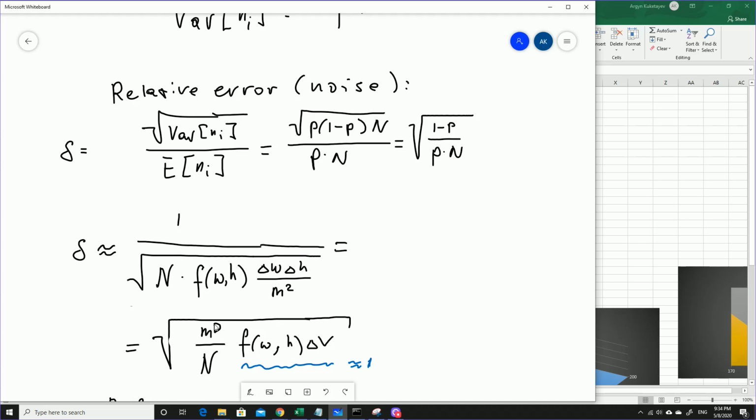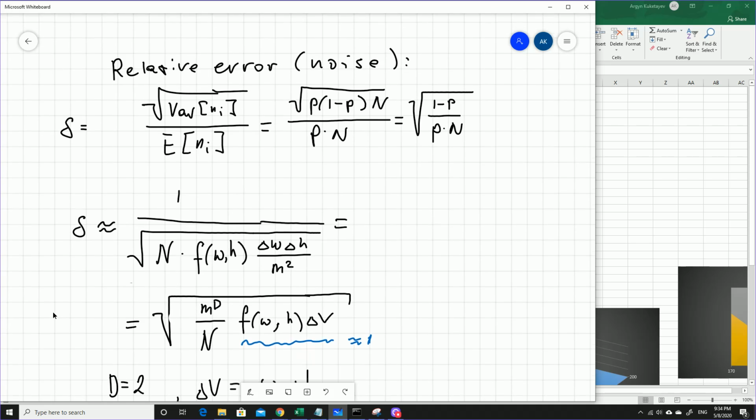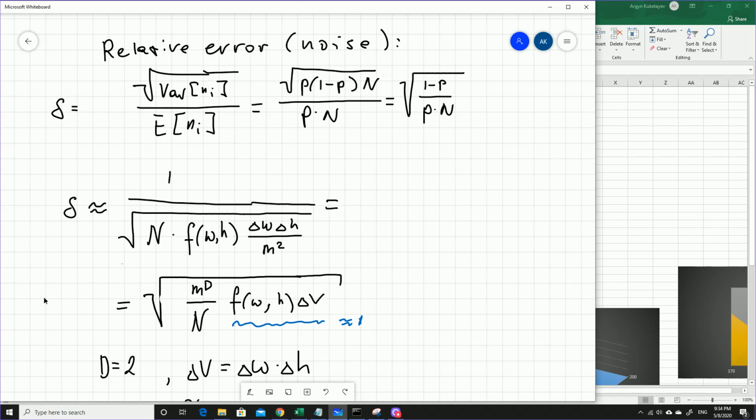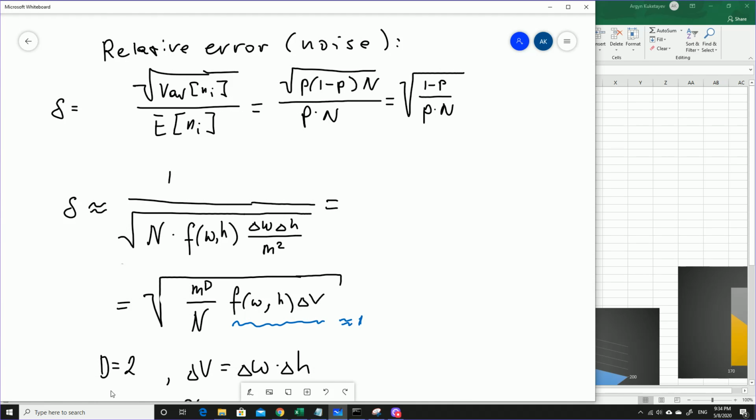So I'll say m to the power d. Why am I saying d? Well, because I'm going to generalize our formula soon. So d is 2 in this case, where we have weight and height. And then delta V is the volume of the cell, and in this case it's like a rectangle, right? It's two-dimensional, so it's just weight and height.